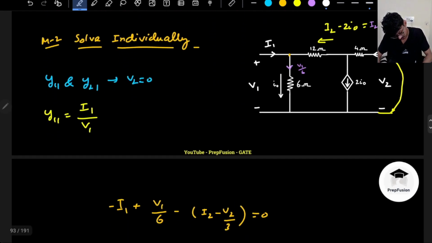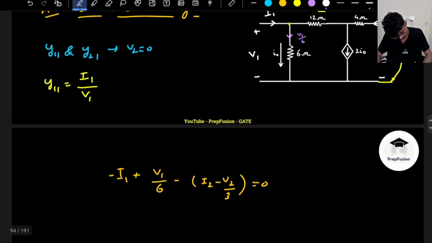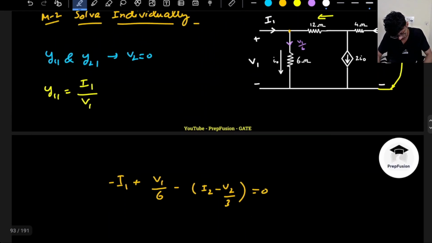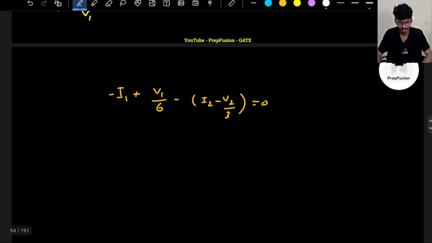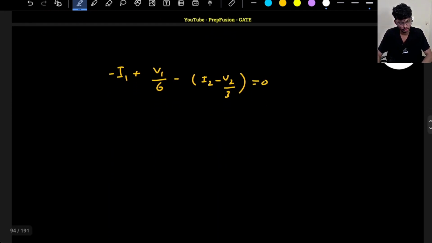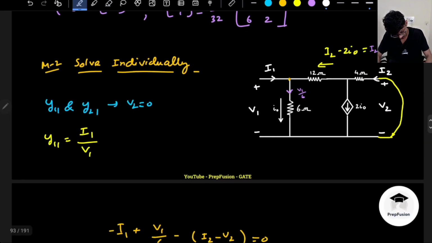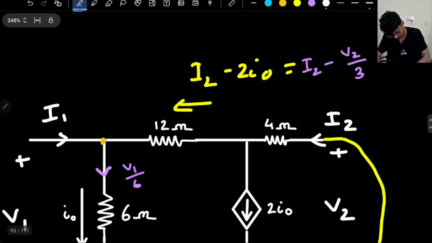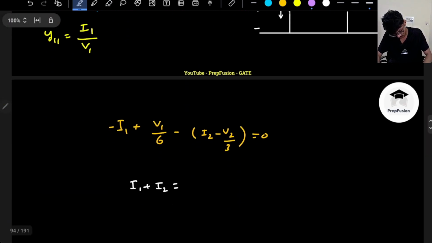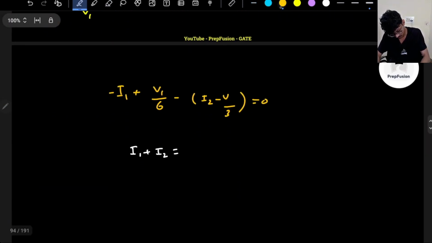So from here I can directly write what my I1 equals. I1 plus I2, sorry, this is not V2, this is V1 only.